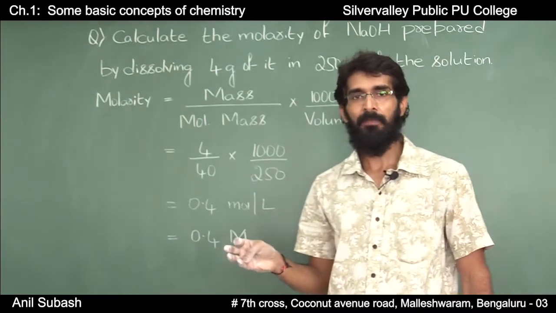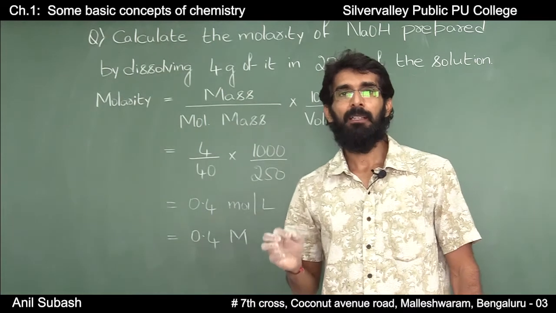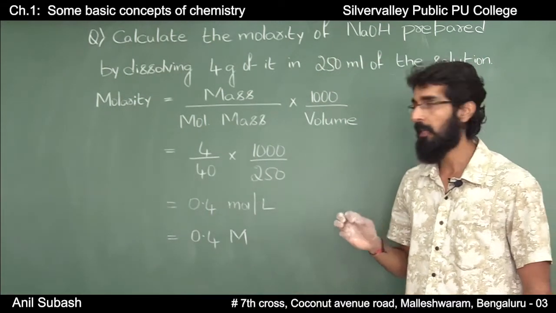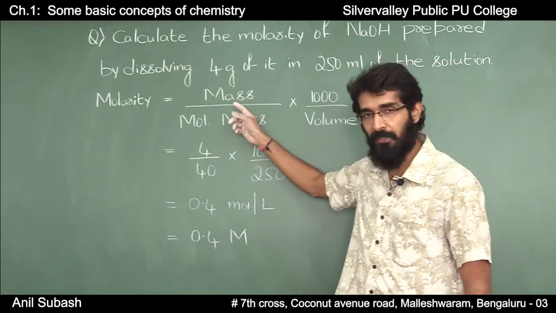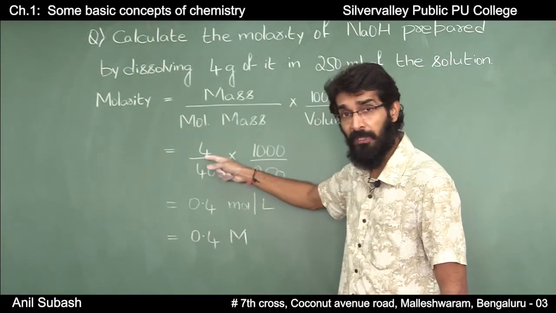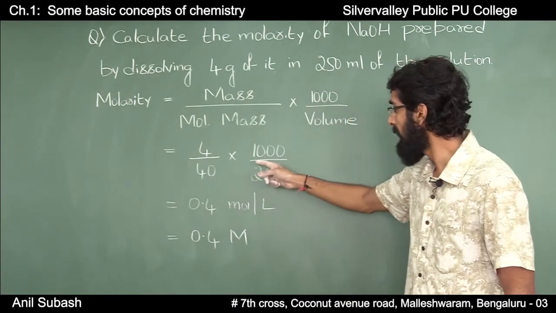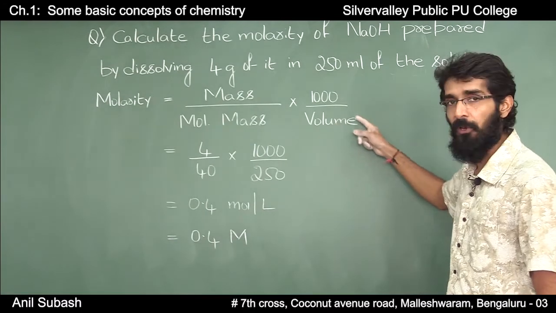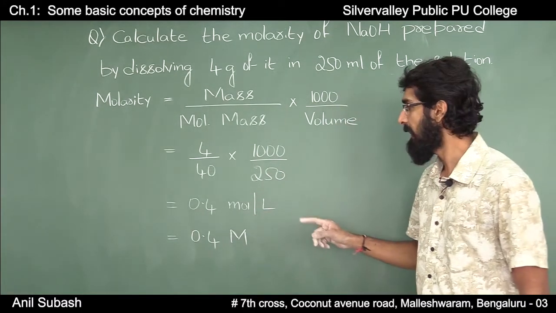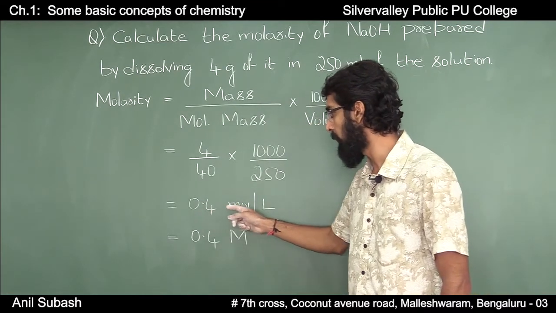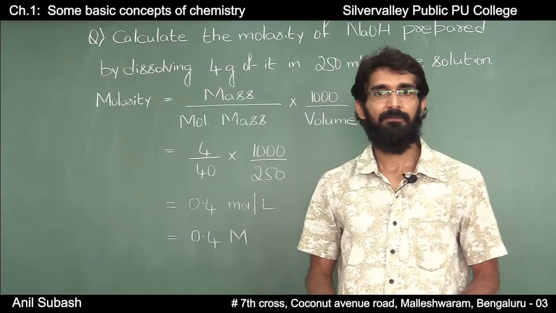Mass is given, volume is mentioned, and we all know that the molecular mass of NaOH is 40 gram per mole. We will substitute in this equation mass, which is 4 gram, molecular mass of NaOH, which is 40, into 1000 by volume, which is mentioned, that is 250 ml, and it comes out to be 0.4 mole per liter or 0.4 molar.